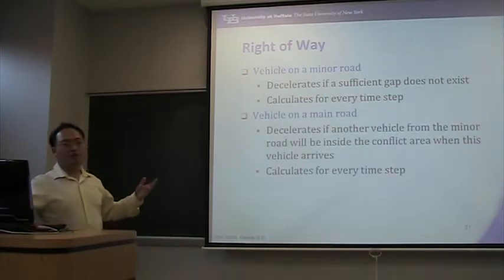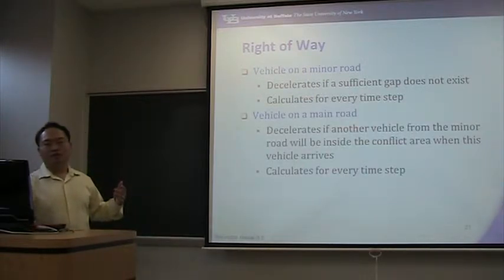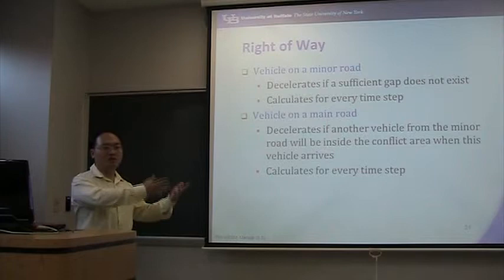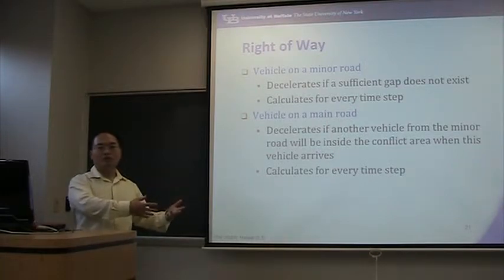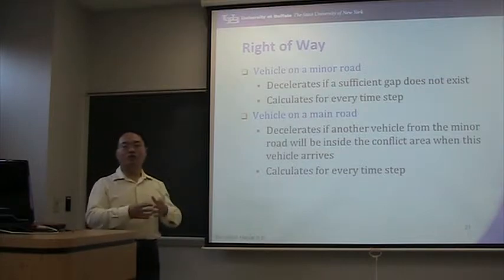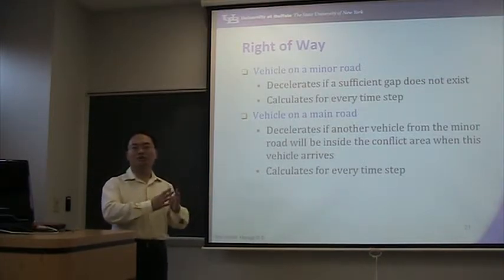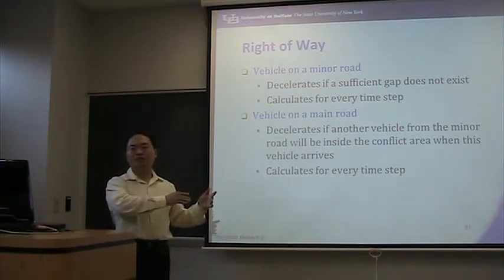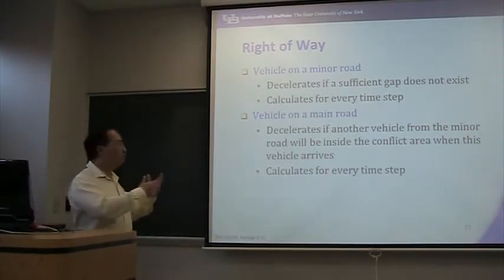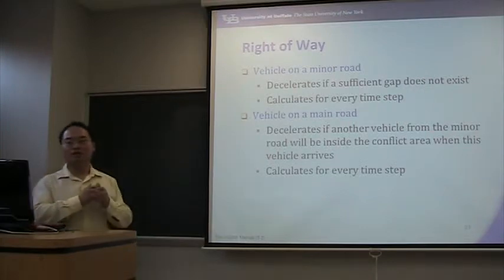For vehicles on the main road, it will only decelerate if another vehicle on the minor road will still be inside the conflict area when this vehicle arrives. So the minor road vehicle will yield to the main road vehicle, but the main road vehicle will also kind of yield to the minor road, to avoid collision. And these are both calculated for every time step, so it's dynamic.